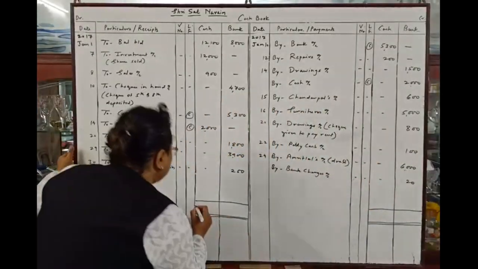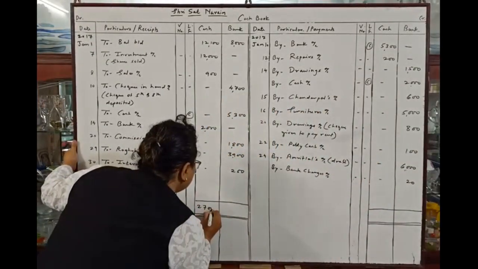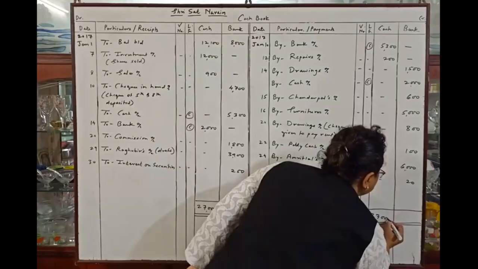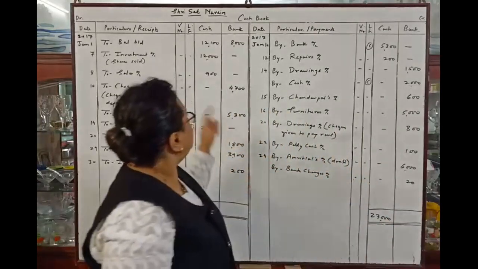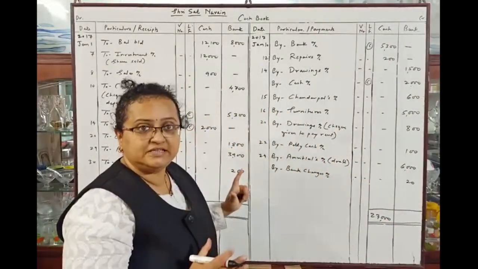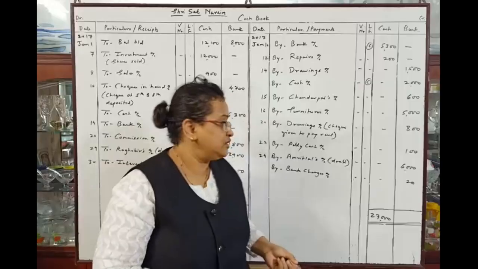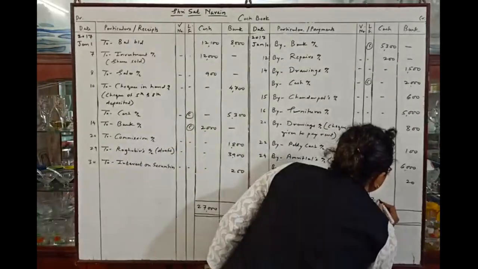So 27,000 is the big amount, 27,000. Then from debit total 27,000, we have to deduct credit total rupees 5,500. So balance will be 21,500.